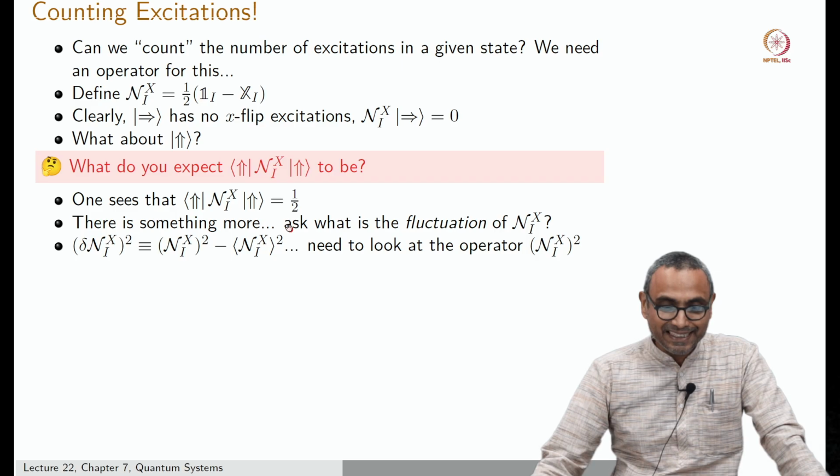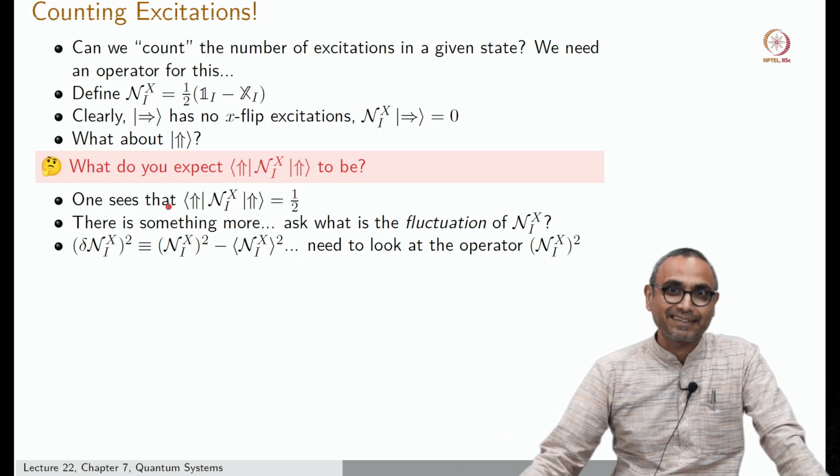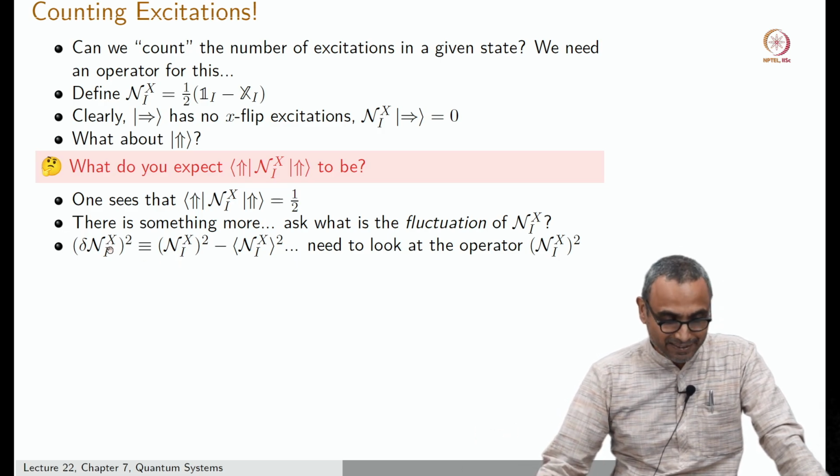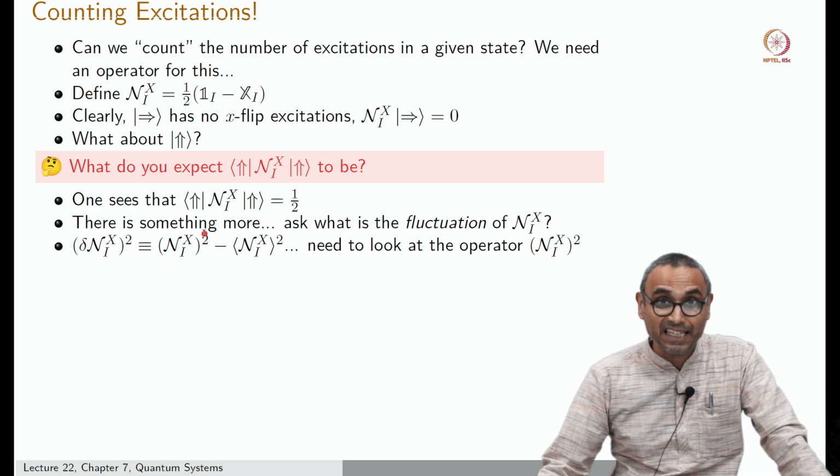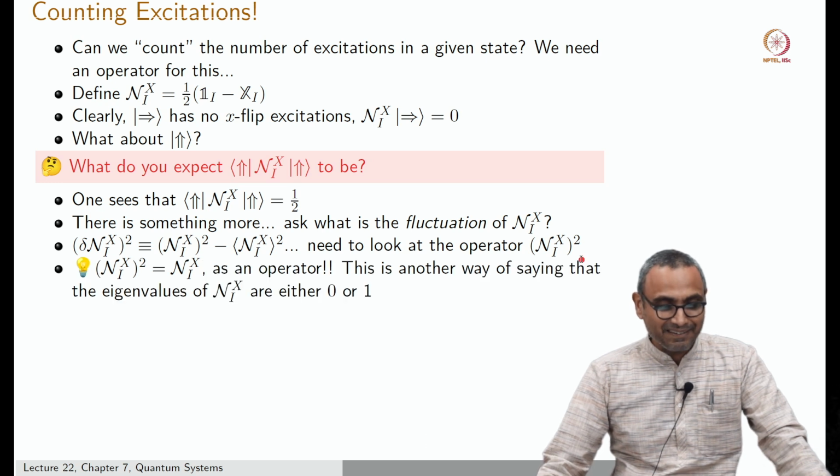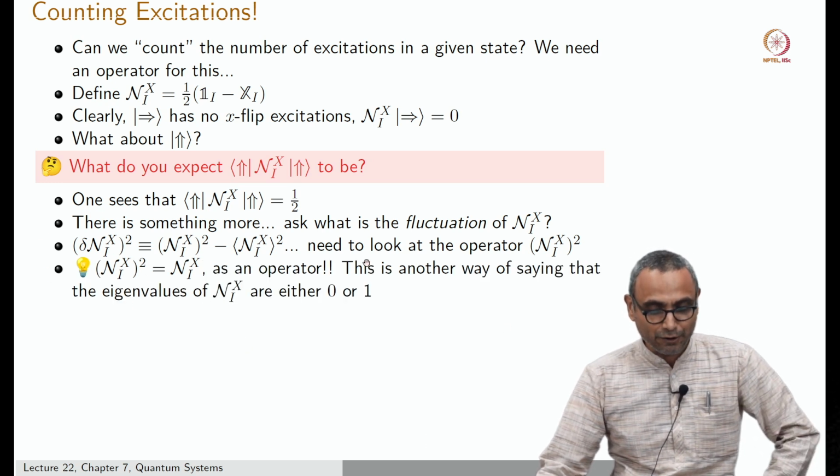Now this n_x operator has a very nice property. If you square n_x, you will get n_x back. So you will see delta n whole squared is just n_x itself, because n_x squared will be n_x, and that is the very simple and nice property of this operator.